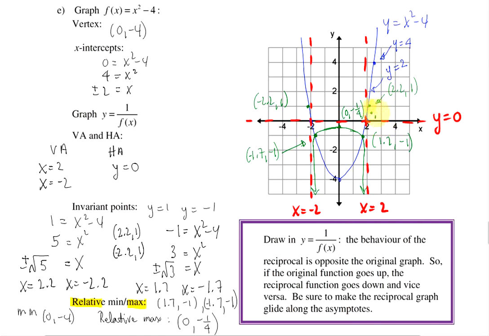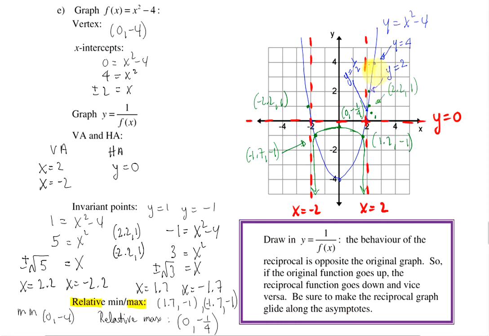All right, and if you take a look at the part of the graph that's on the left of our invariant point, we've got values for y which are less than 1. So let's say we take a look at a point where y is equal to 1/2. Well, the reciprocal of 1/2 is 2, so we're going to have a point on the left side of our original function where y is about 2, which is right there.